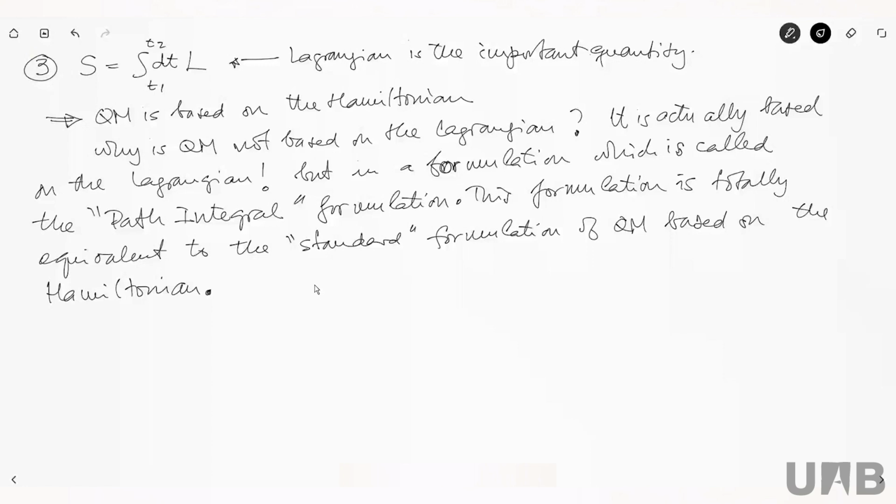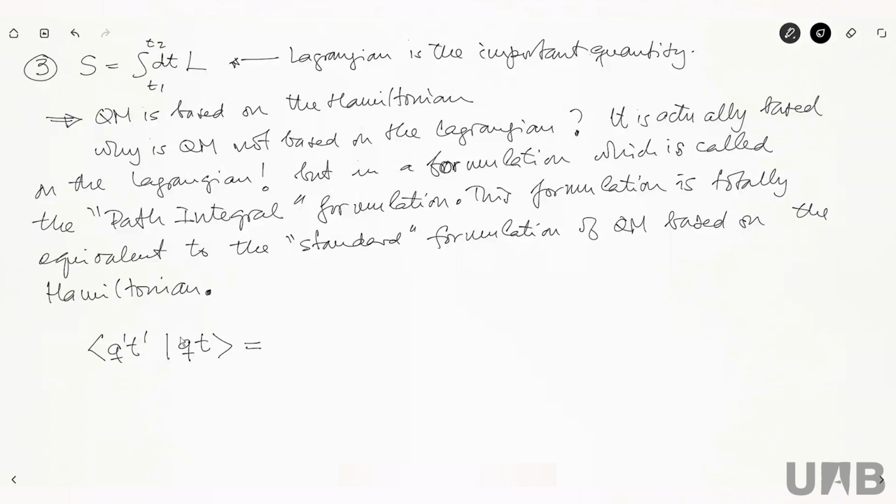What Feynman realized is that the important thing is the amplitude for a certain transition of a ket that is, say, located at the point Q at time t to a ket that is located at point Q prime at time t prime.